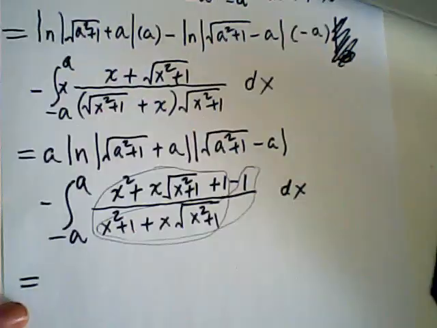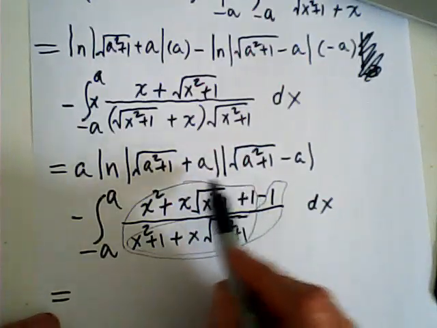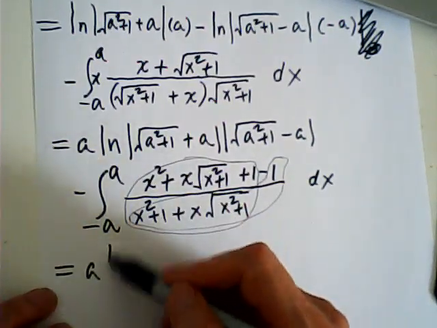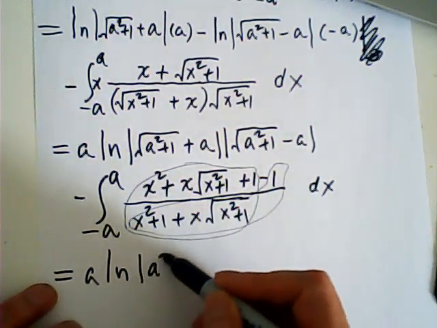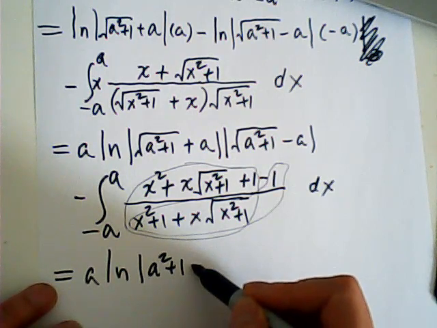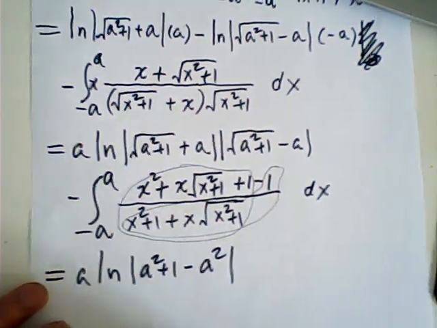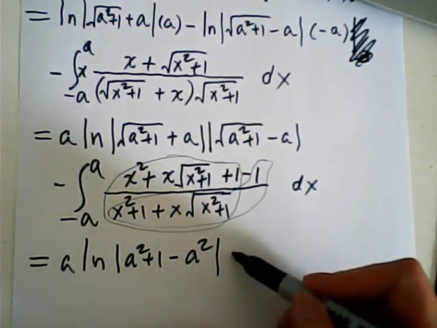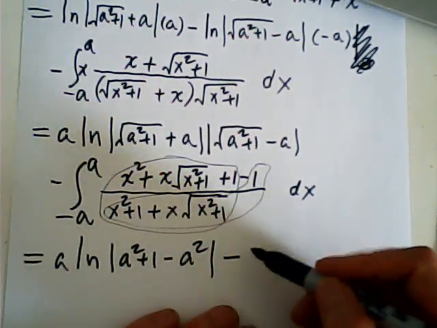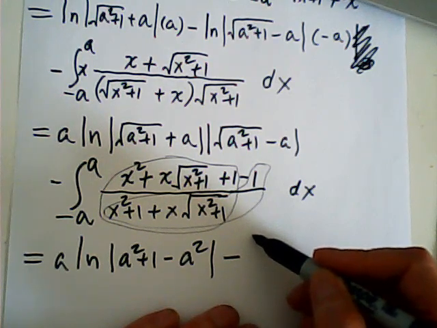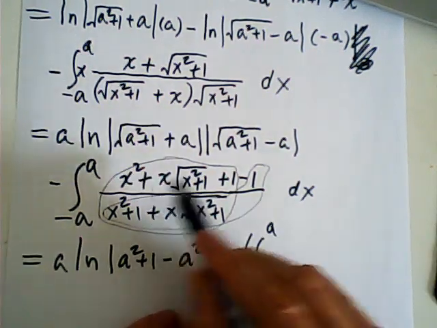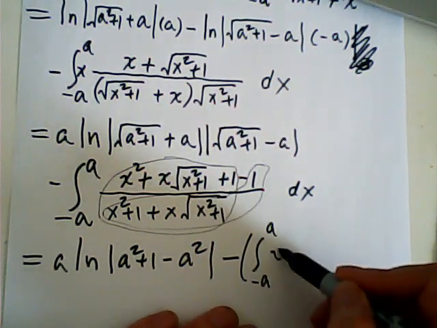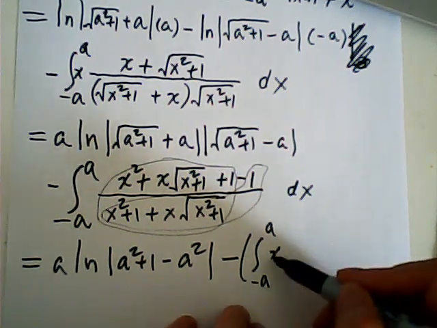So let me continue. Here, a multiplied by log, this times this one becomes a squared plus 1 minus a squared, right? Okay. Minus that one. This one is equal to from minus a to a, this becomes 1, dx.